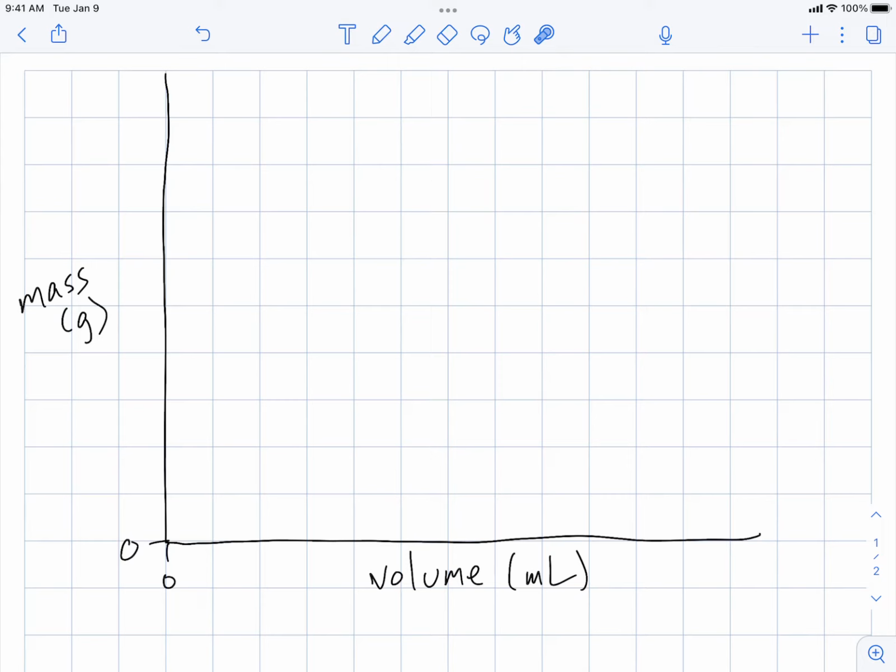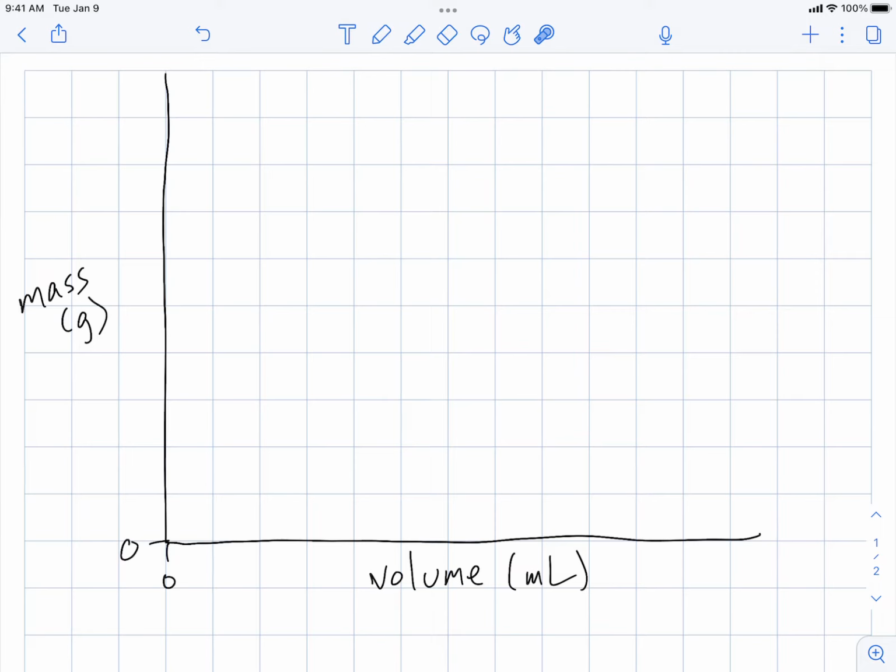So you want to look at your highest mass, your largest mass for your object. If you were doing the density of liquids, you'd be looking at just the mass of the liquid, not the mass of the cylinder plus the liquid. All right. So let's say that our highest mass was 90 grams.